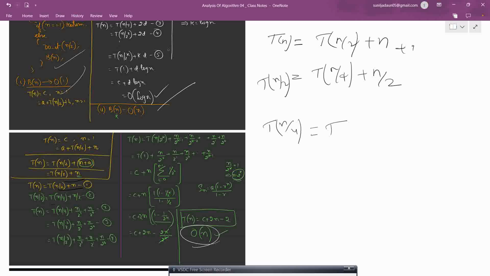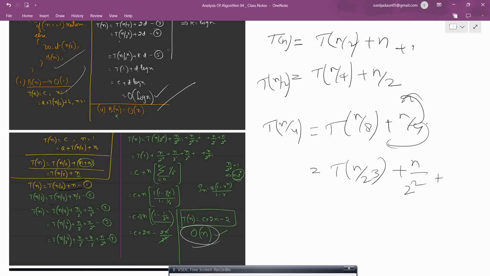T of n by 8 is n by 4. So we substitute 4 in this. So what will we get? We will get that T of n by 2 power 3 plus n to the power 2 plus power 1. Right? And we substitute this also here.